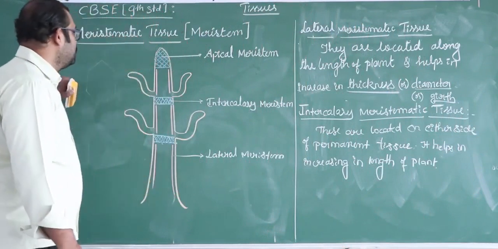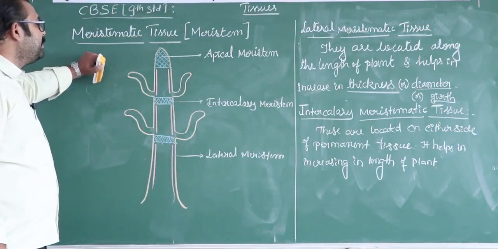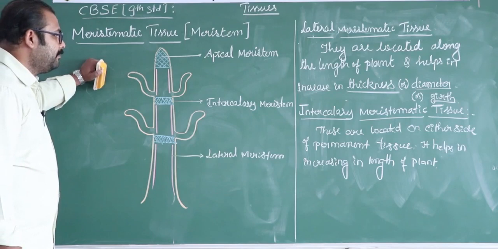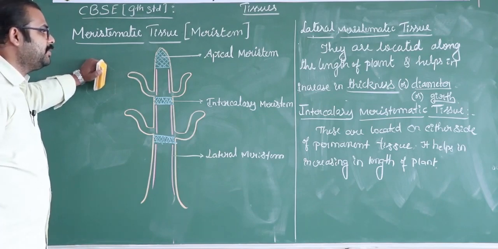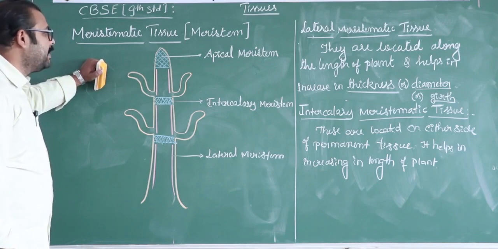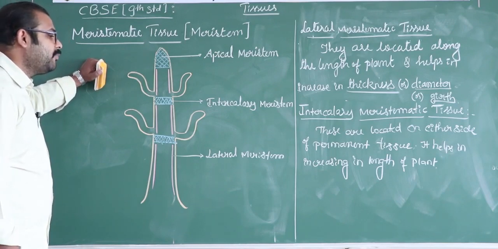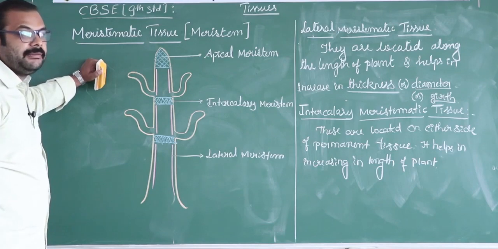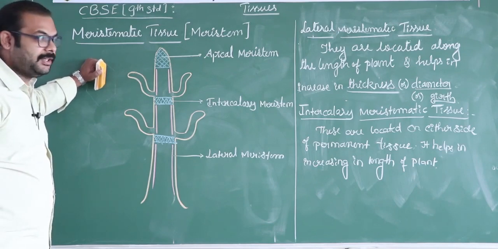So this is about the simple meristematic tissue. After discussing the meristematic tissue, we can move on to the second type, that is permanent tissues.